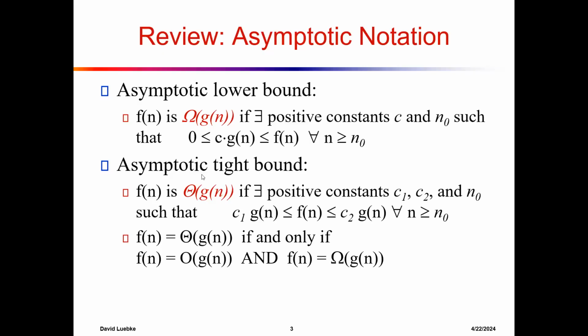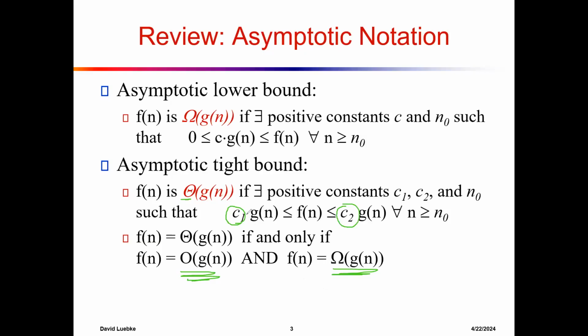Asymptotic tight bound. A tight bound is theta when the upper and lower bound are of the same function. See it? Here, the upper bound is big O and the lower bound is omega. So a tight bound is theta when both of them are the same function. The difference is one constant C1 here and another constant C2.